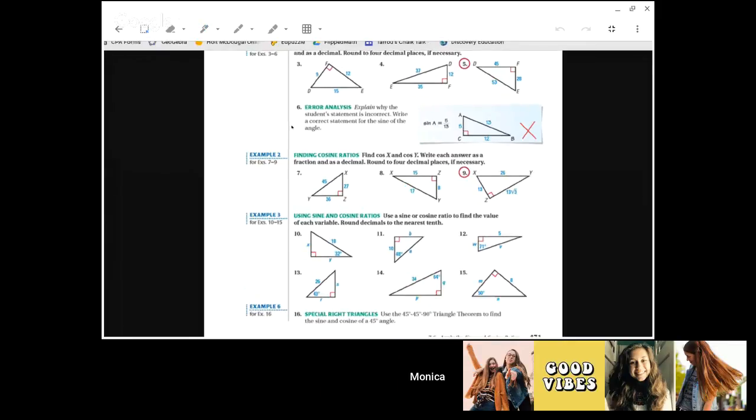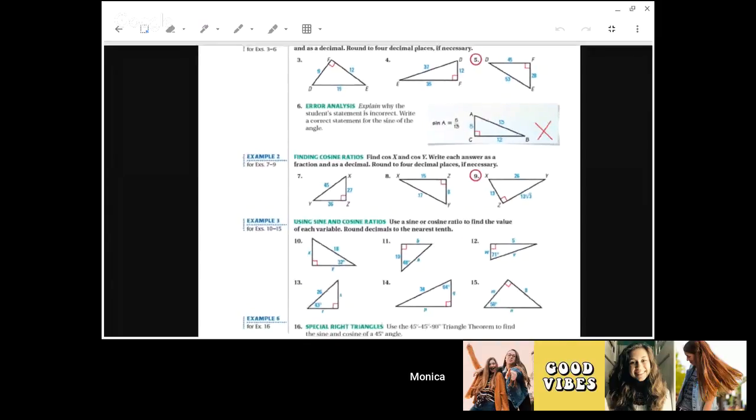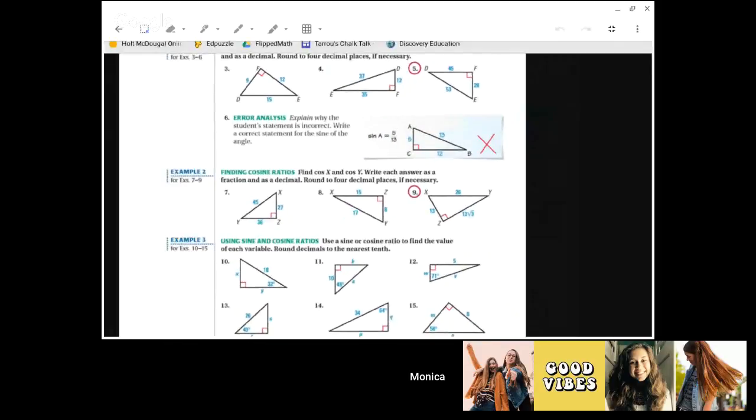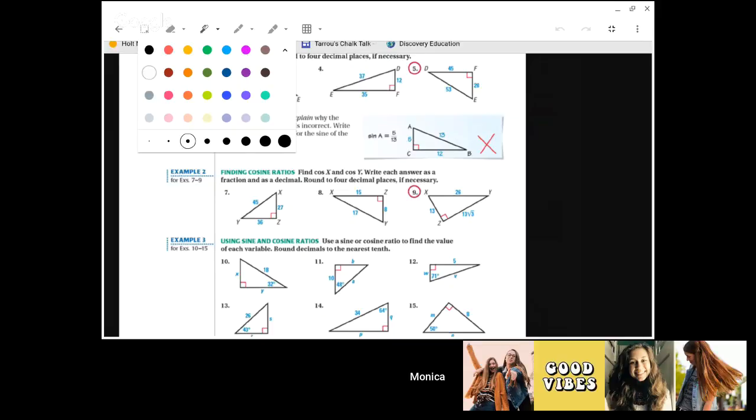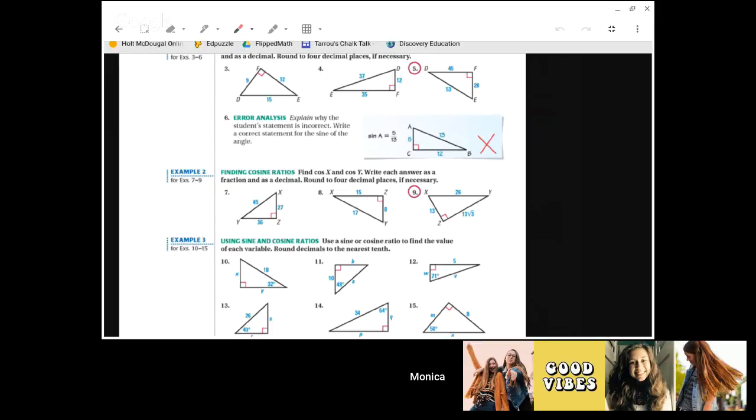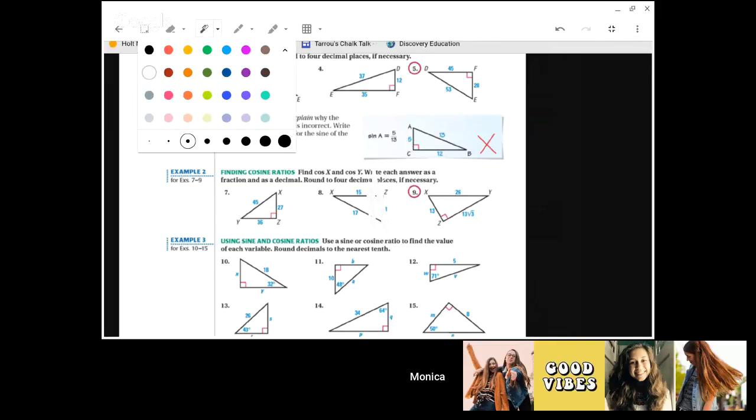Okay, so for number 9, Charlotte, for the cosine of y, remember cosine is adjacent over hypotenuse, right?